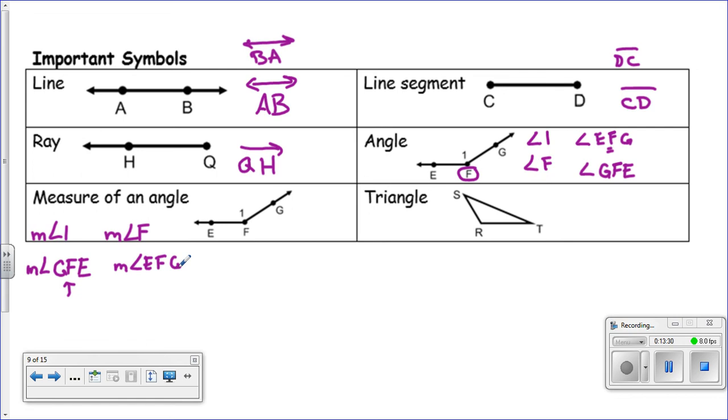And if you're trying to name a triangle, then you would just put the letters in clockwise position. So you could say triangle, there's your symbol, STR. Or you could say triangle TRS. Or you could say triangle RST. Lots of ways you could name that.